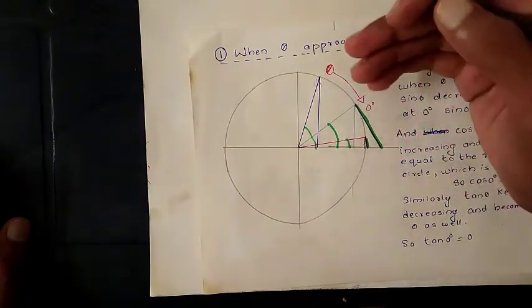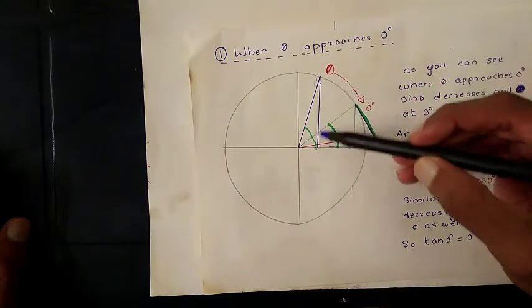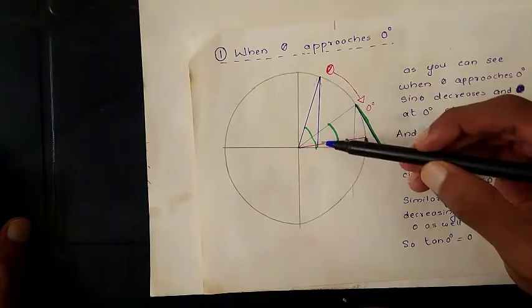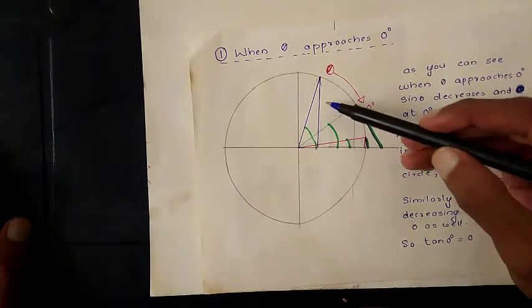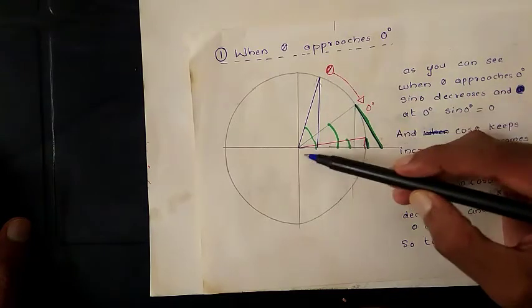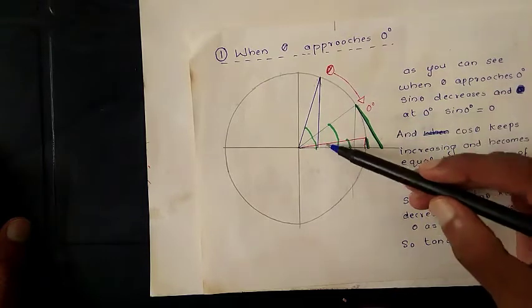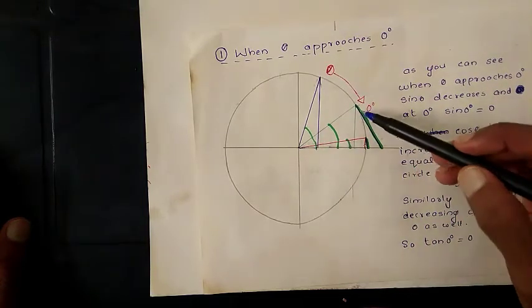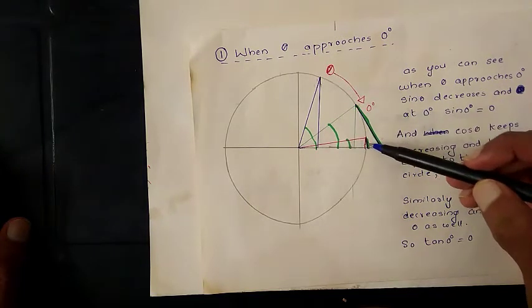As we approach the angle towards 0 degrees, we can see the vertical height, which is sine theta, keeps on decreasing. For this right angle triangle, the vertical height is this much. But as we decrease the angle, we can see that the vertical height is decreasing.